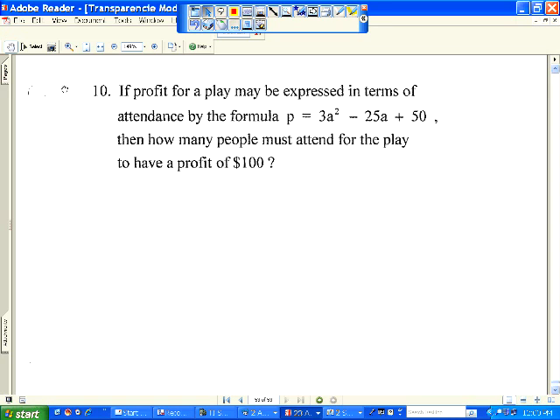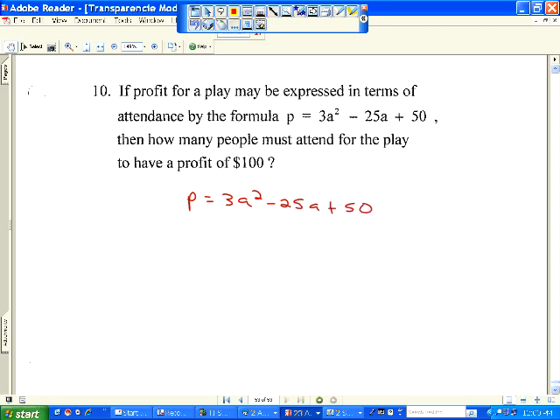If profit for a play may be expressed in terms of attendance by the formula P equals 3a squared minus 25a plus 50, then how many people must attend for the play to have a profit of $100? So we're going to take the given formula, P is equal to 3a squared minus 25a plus 50.